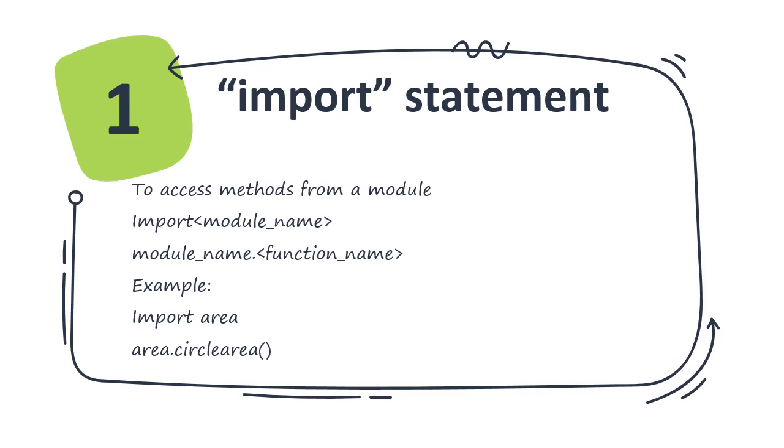Here a small example: import area, then area.circle_area. circle_area is a function inside the module area which is used to calculate the area of a circle. So the module name and a function inside the module are separated using a dot. That is called the dot notation.